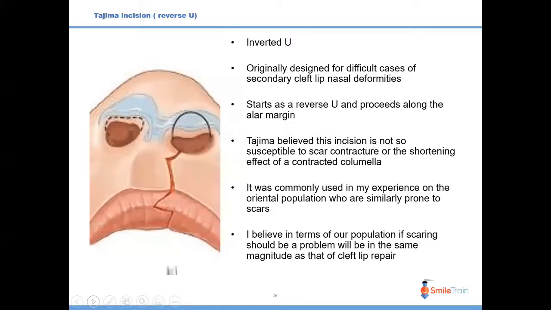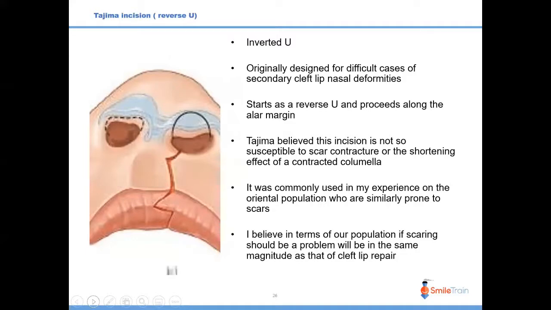It starts as a reverse U incision and proceeds along the alar rim. Tajima believed that this incision is not so susceptible to scar contracture or the shortening effects of a contracted columella.